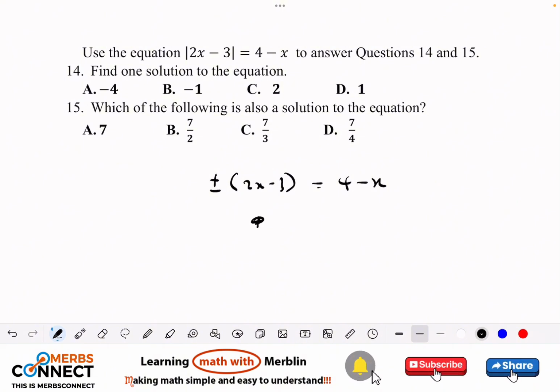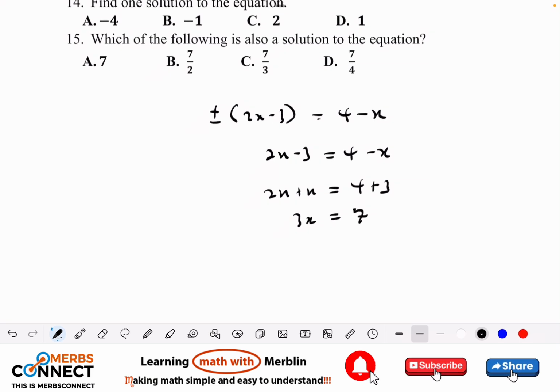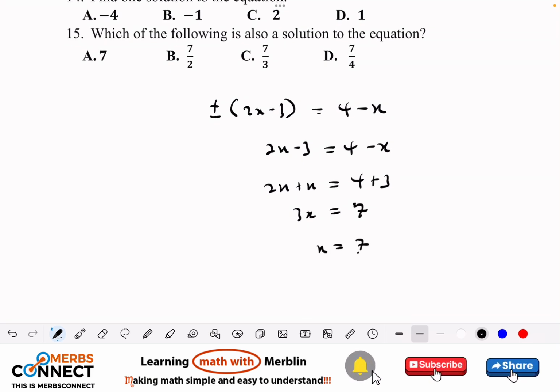Positive will be 2x minus 3 is equal to 4 minus x. Move the x to the left, 2x plus x, move 3 to the right, so 3x is equal to 7, and then x will be equal to 7 over 3. Let's consider the negative.